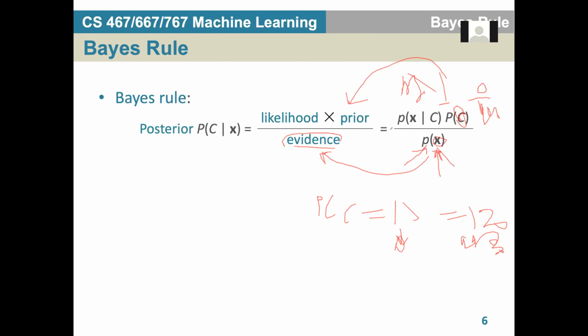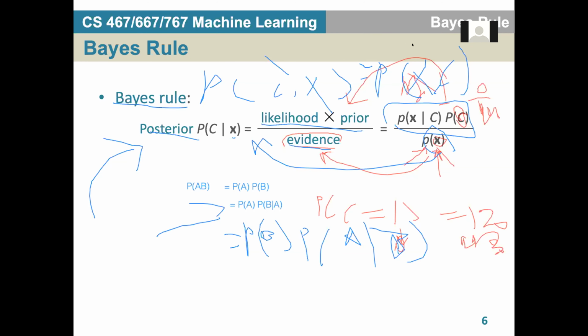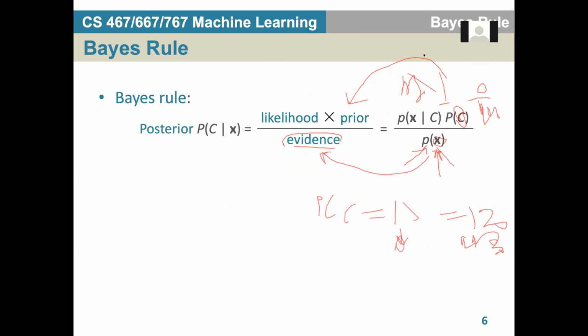Professor, I have a question. P of X is the probability of the sample, the probability of the instance. How could we calculate the probability of the sample in real life? So we assume there's a probability, but we don't know what the model is.